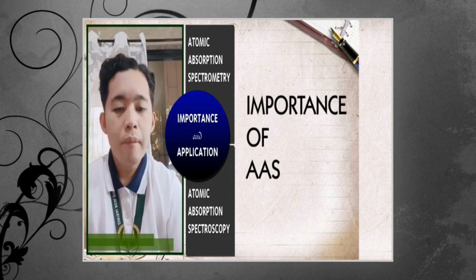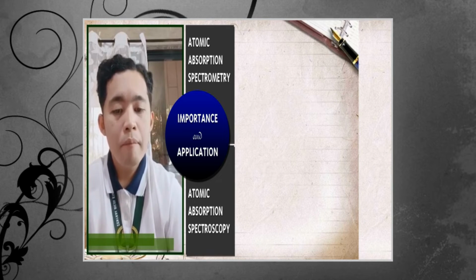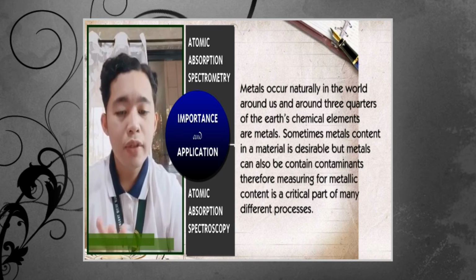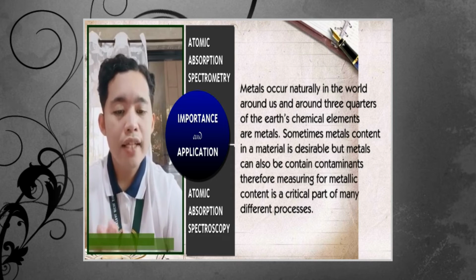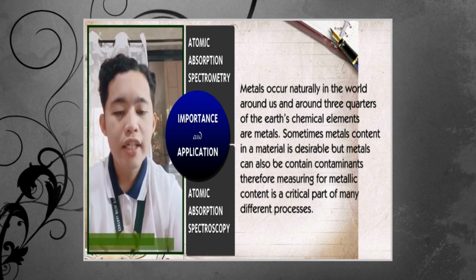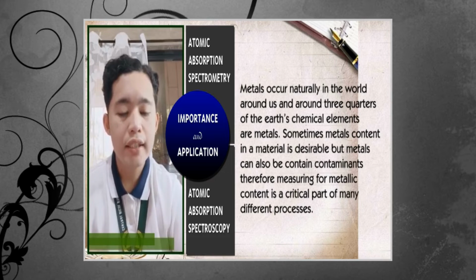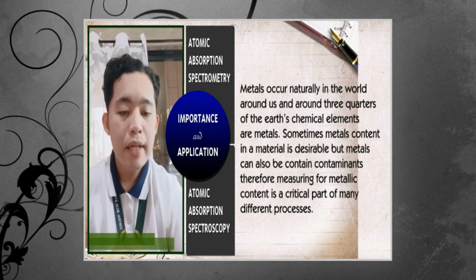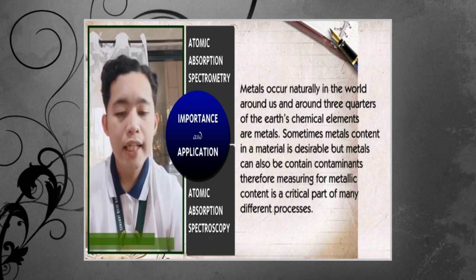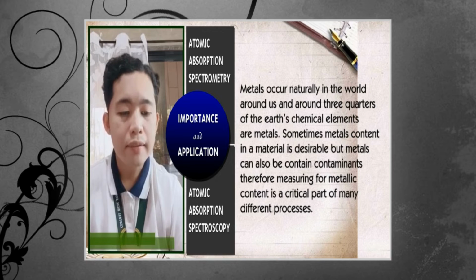The importance of AAS. Metals occur naturally in the world around us, and around 3/4 of the Earth's chemical elements are metals. Sometimes, metal content in a material is desirable, but metals can also be contaminants.